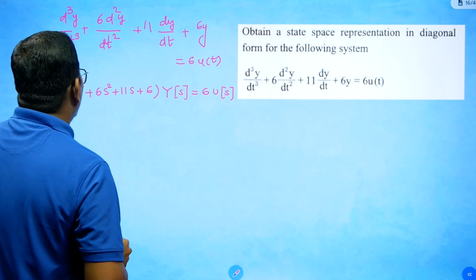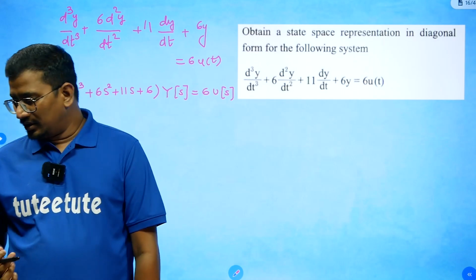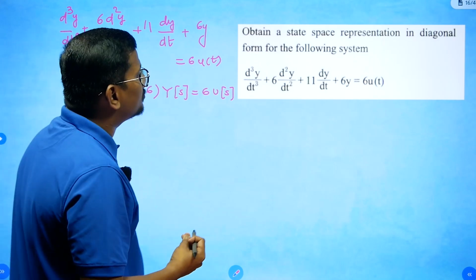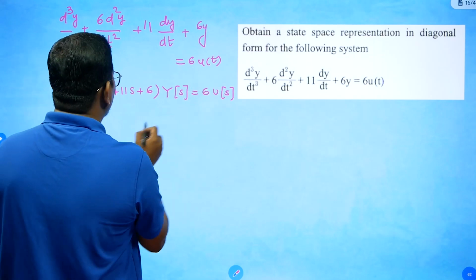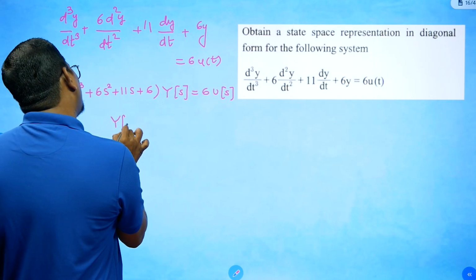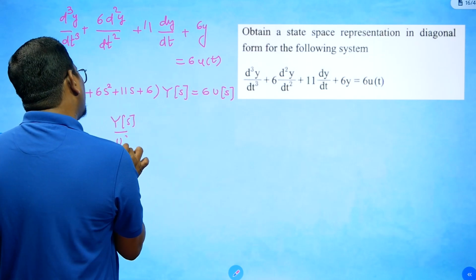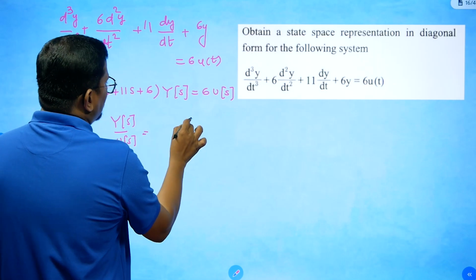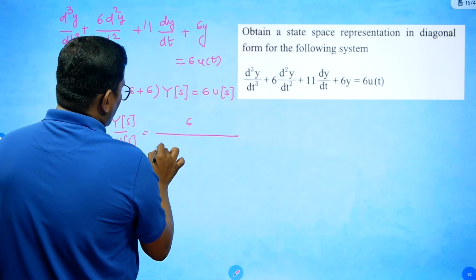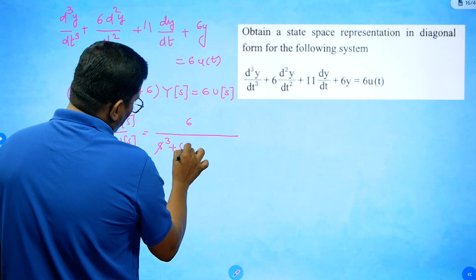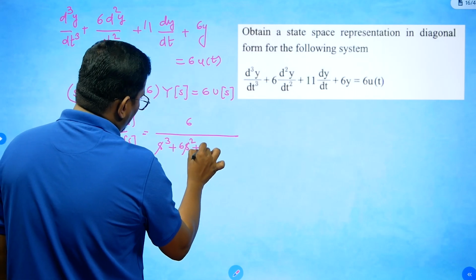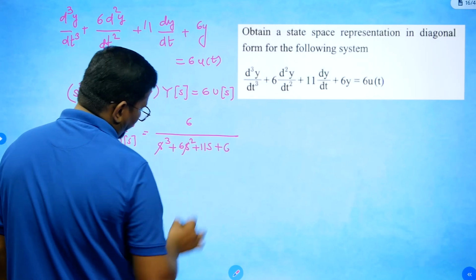So from this, how to write the transfer function? Laplace of output by Laplace of input. What is this? 6 by (s cube plus 6s square plus 11s plus 6).